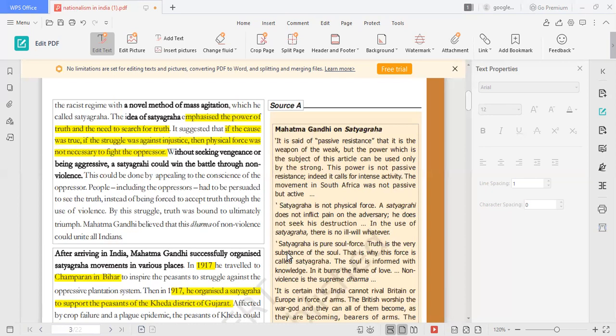He had been to Bihar state, and in that place, Champaran, he organized the peasants against the indigo plantation system. There, the peasants were forced by the British government to produce indigo, but they were not paid reasonably.